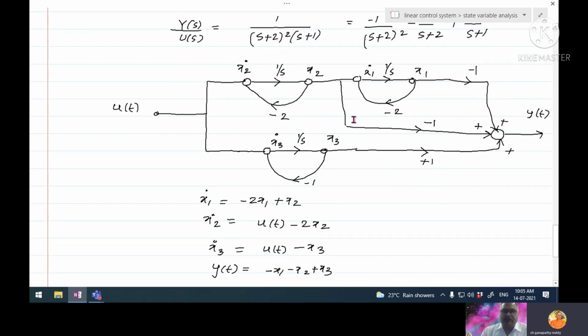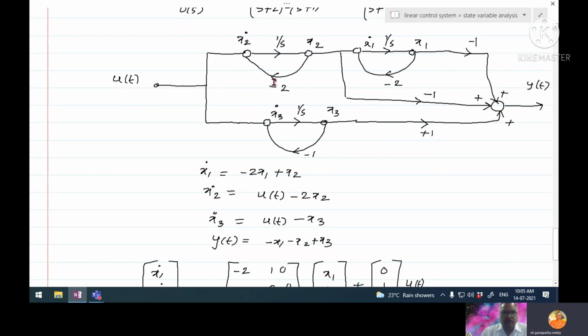Then again write the equations. X1 dot is minus 2x1 plus x2. Then x2 dot is equal to u of t minus 2x2. You can write these equations by observing the signal flow graph. Then x3 dot equals u of t minus x3.